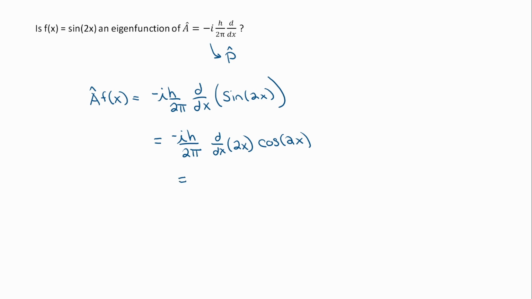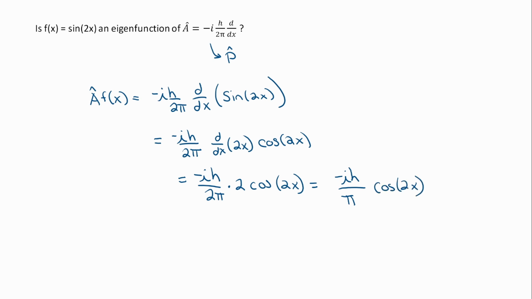And so we can see that the full transformation is negative i times h all over 2 pi, where h is going to be Planck's constant from back in Gen Chem 1. But here we're just going to use it as a constant. And the derivative of 2x as before is 2 times cosine of 2x. And we can see that our final transformation is negative i h over pi times cosine of 2x.